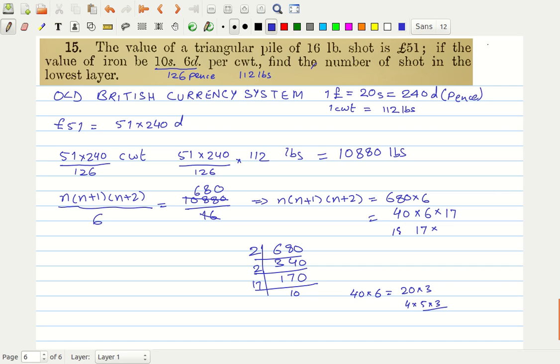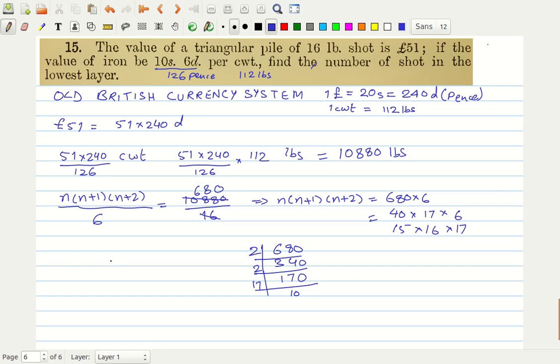So we have 15 here, and 16. So we know that this can be written as 40 times 17 times 6, and this can be written as 15 times 16 times 17.